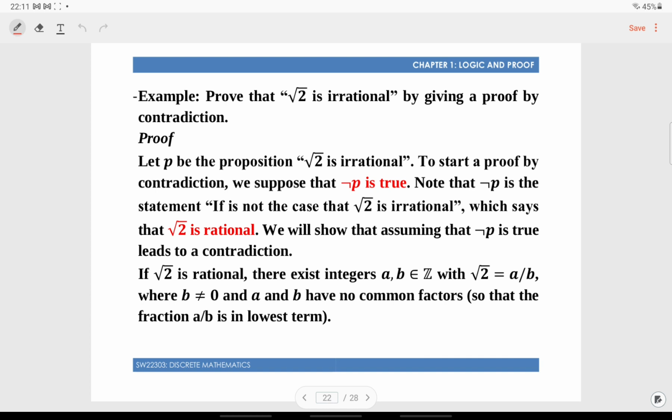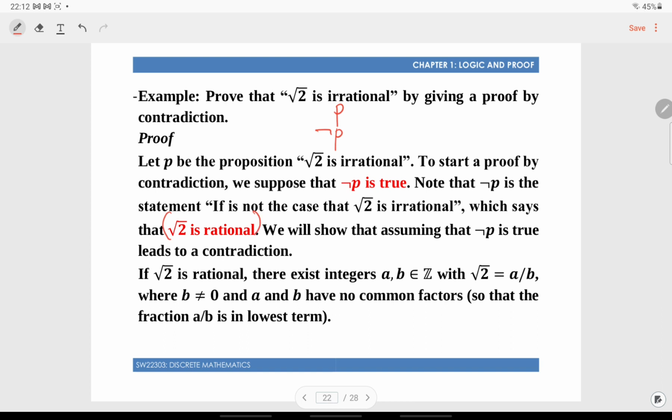So let's see how to prove this statement by contradiction. Let P be the original proposition: square root of 2 is irrational. To start a proof by contradiction, we need to assume that not P is true. If P is the original statement, square root 2 is irrational, then not P is square root 2 is rational.